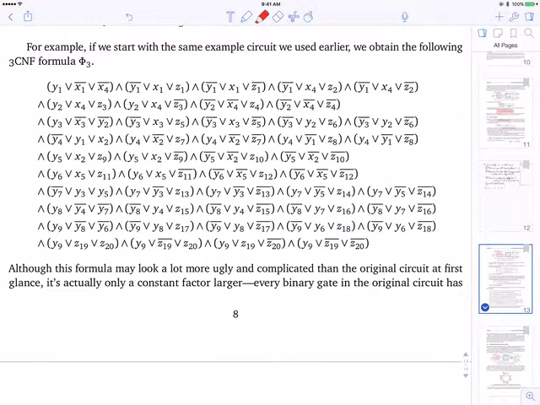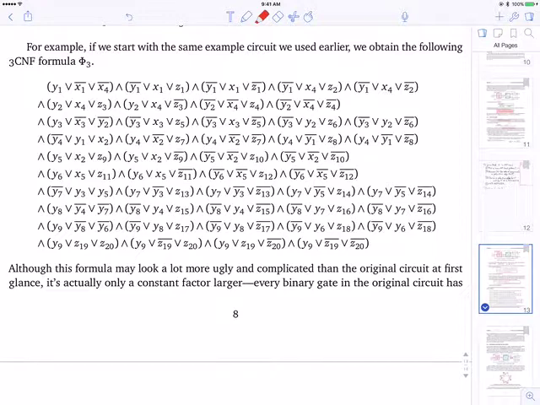But I want to emphasize that every single one of these steps, where I expand the gates into binary gates and then write it down as a formula, and then expand it into CNF, and then expand it into 3-CNF, increased the complexity of the thing I was playing with by at most a constant factor. And I did that only 5 times.